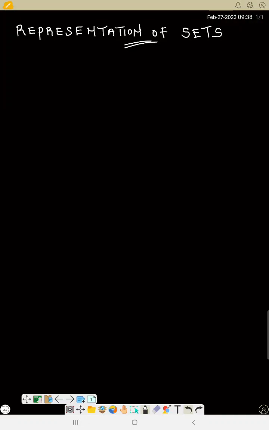Talk about representation of sets. So sets are generally represented by the following two methods. One, we can represent sets with roster or tabular form.